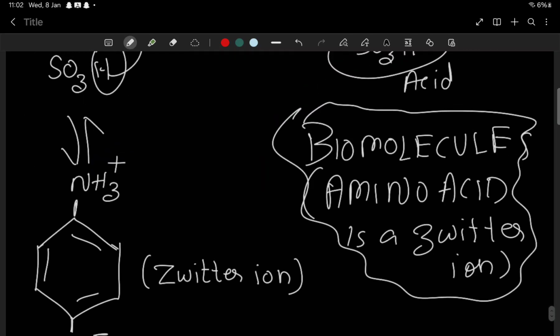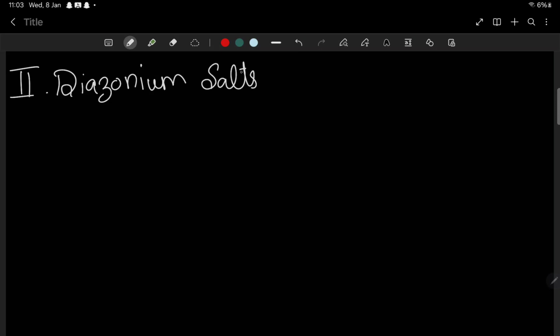Now, the amines part comes to an end. The next part is the diazonium salt part. First of all, preparation.